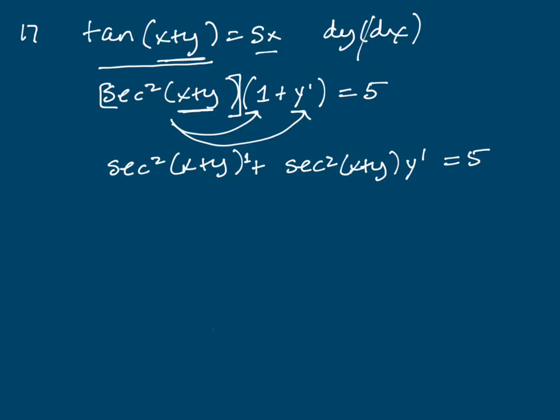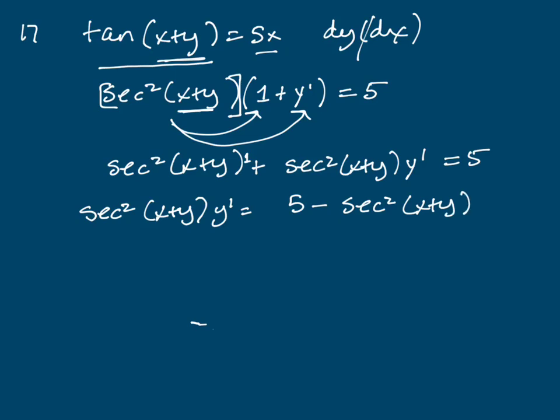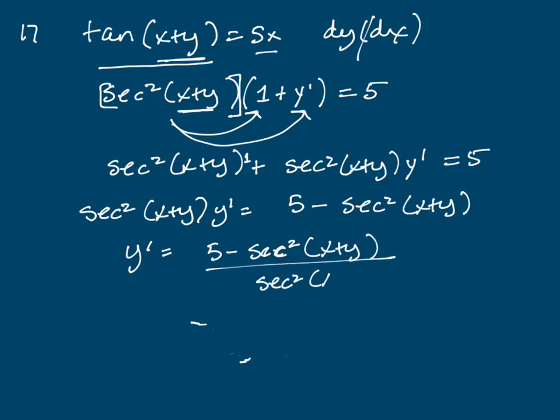So solving for y prime, we get secant squared (x plus y) times y prime equals 5 minus secant squared (x plus y). And then y prime would just be 5 minus secant squared (x plus y) over secant squared (x plus y).